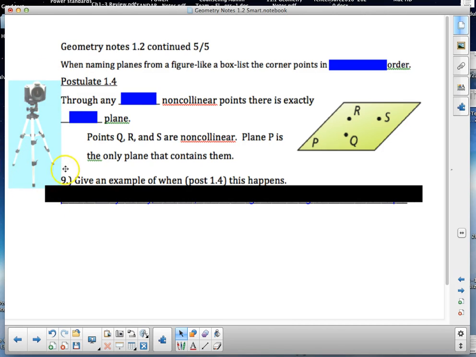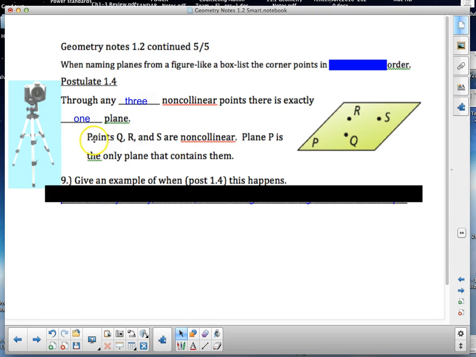And the reason we have a tripod is that any 3 points define a plane, all the time, so long as they're non-collinear. So that means it is a very stable surface for the tripod to stand, and then we can adjust our camera as we need. So through any 3 non-collinear points, there exists one plane.